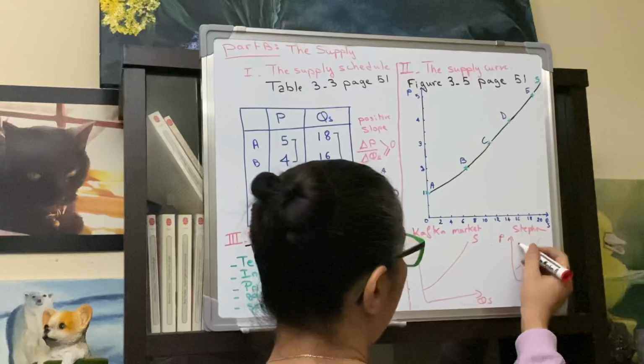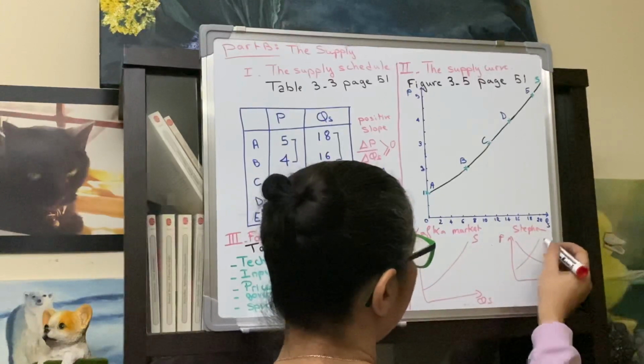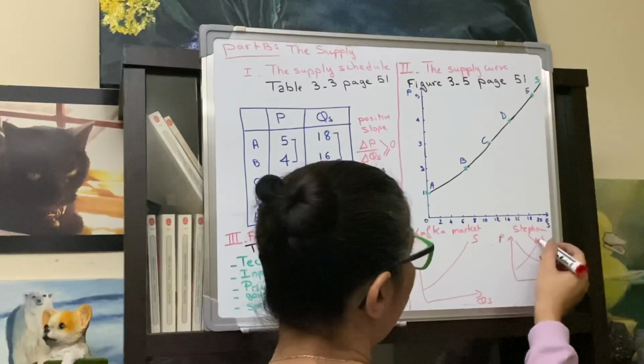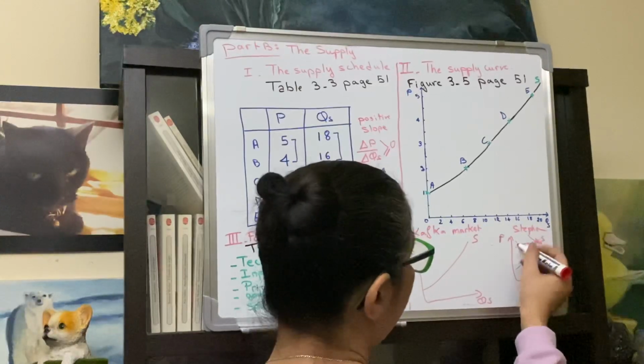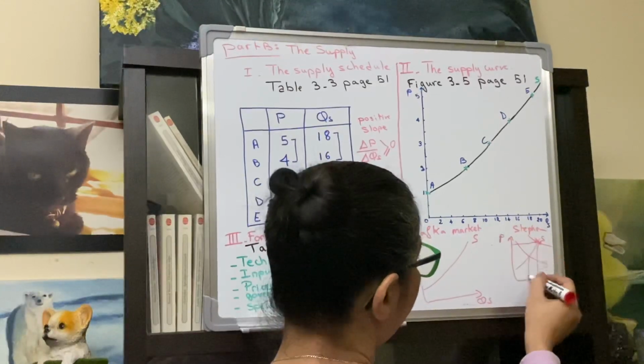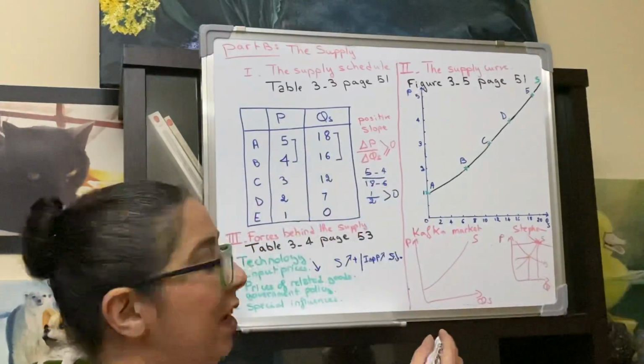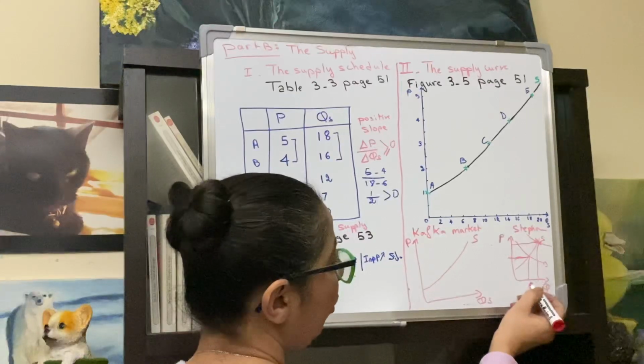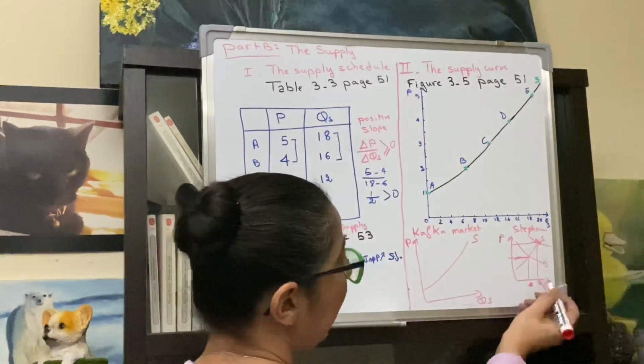It had a supply, it had a demand, but then something happened and now it's more beneficial for them to be here at this quantity. Are you following with me? Am I losing you somewhere? So the quantity they used to produce was here, now they're producing here.